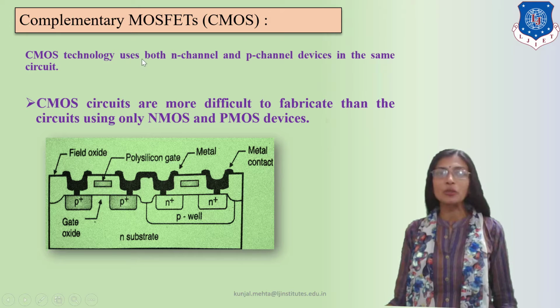CMOS technology uses both N channel and P channel devices in the same circuit. So it is the combination of NMOS and PMOS. CMOS circuits are more difficult to fabricate than circuits using only NMOS and only PMOS devices, because it is nothing but the connection of many MOSFETs with the channels and substrate, right?